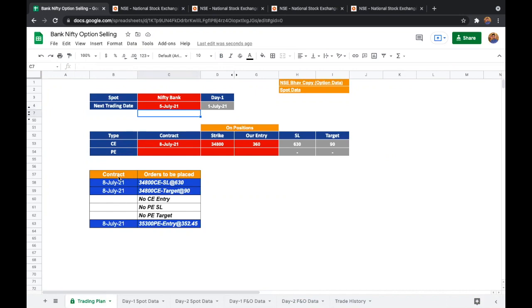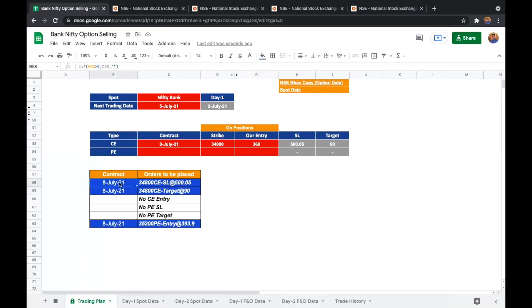So we have two columns over here, right? One is the contract and the other is the orders to be placed. We have the 8 July contract since the next week expiry is 8 July. So we are trading in weekly expiries and the orders to be placed, right? I think Google Sheet is still calculating the orders. Yeah, so all the orders are now calculated. So now let us study this in detail.